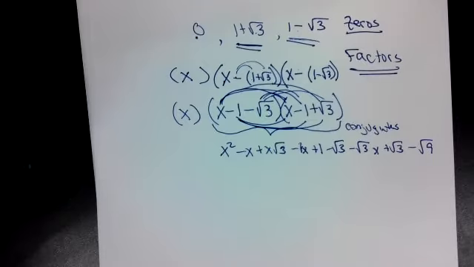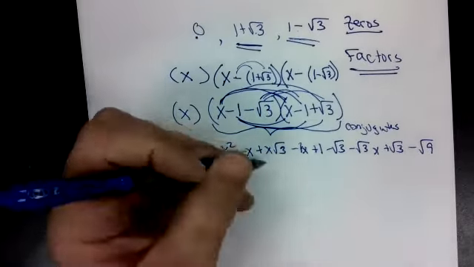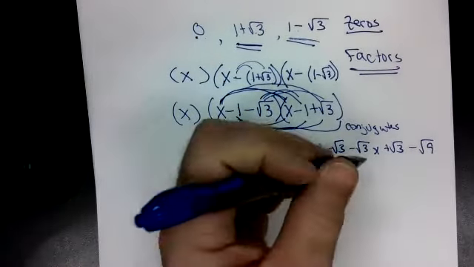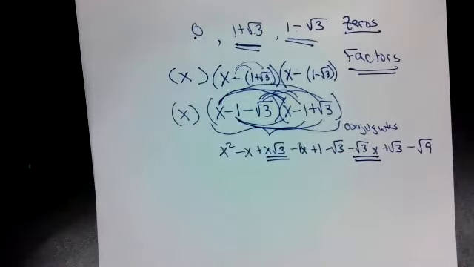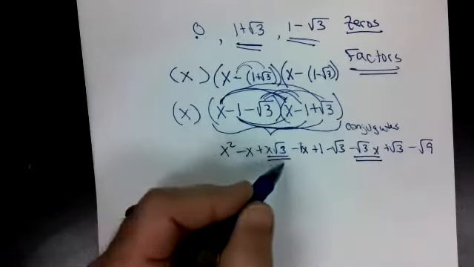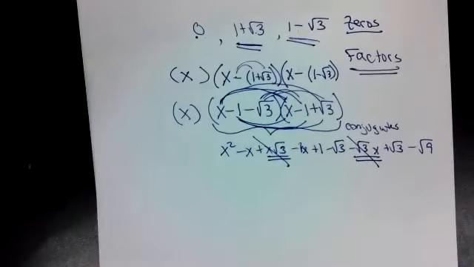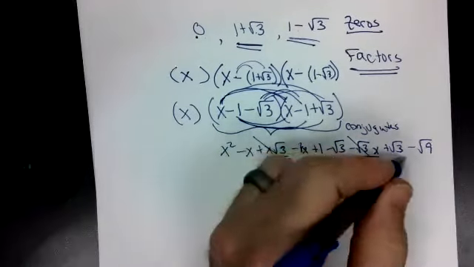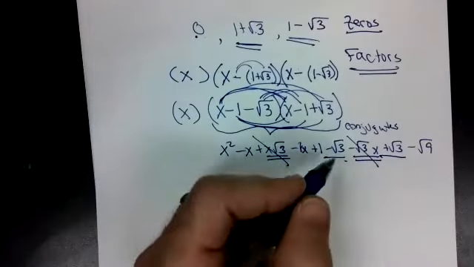And hopefully we see some stuff in here that's going to cancel out. For example, x root 3 and negative x root 3. Those two things are opposites. Cancel each other out. Negative root 3, positive root 3.